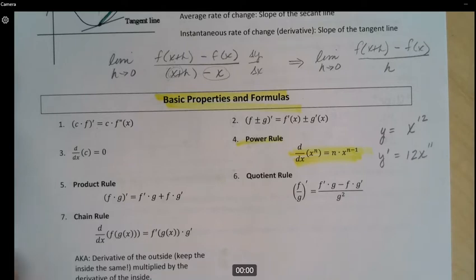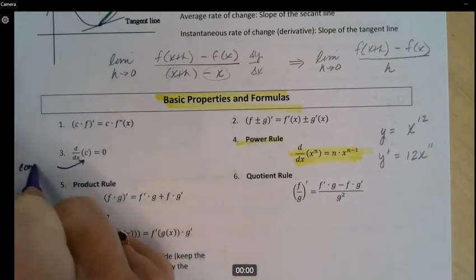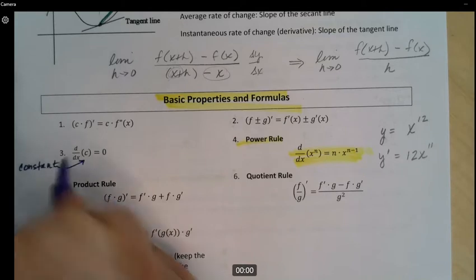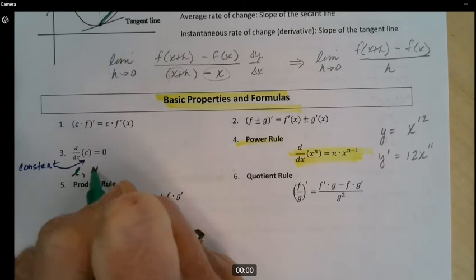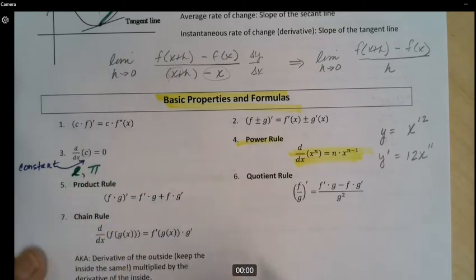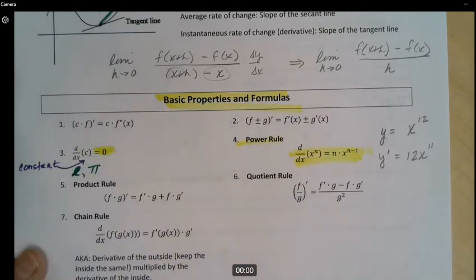All right. So then all these other rules kind of fall into place. When we talk about the derivative of a constant, tell yourself that this c stands for a constant. And remind yourself that e and pi are our two sneaky constants. And make sure you know that the derivative of a constant is 0.